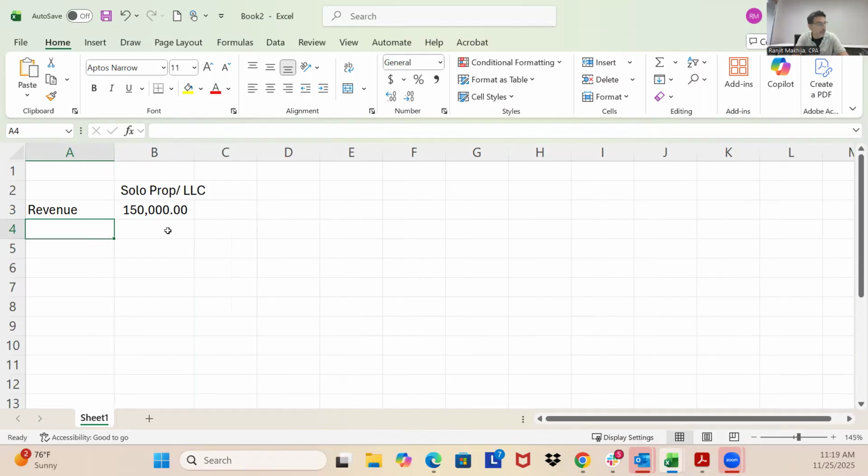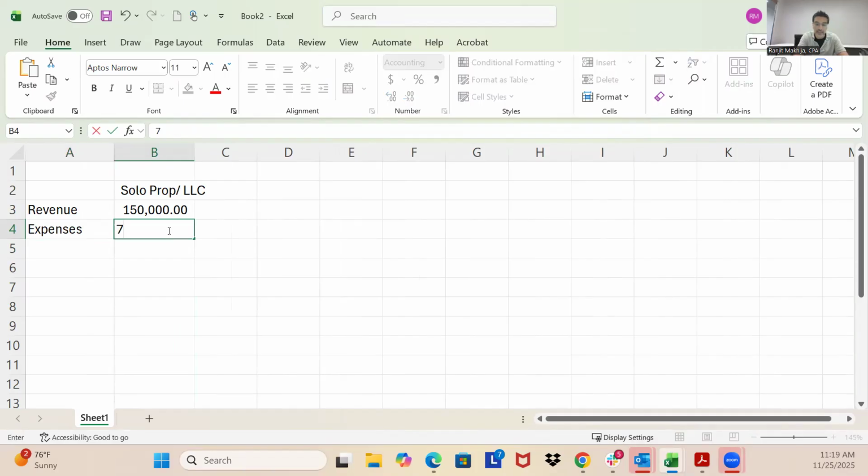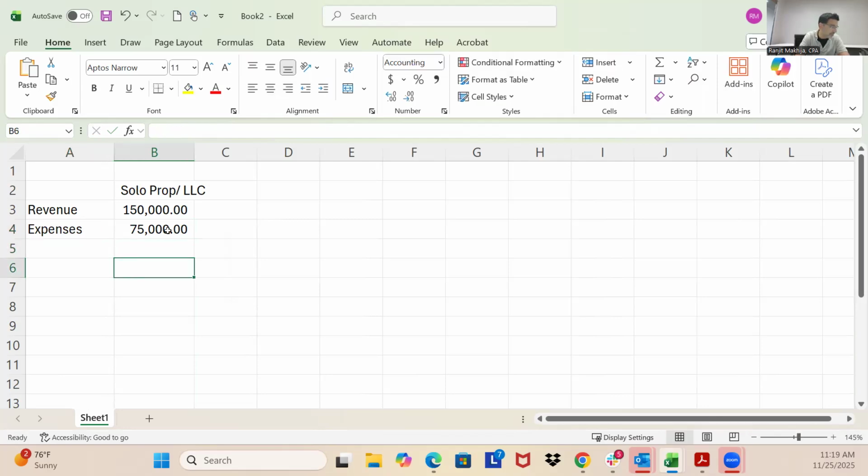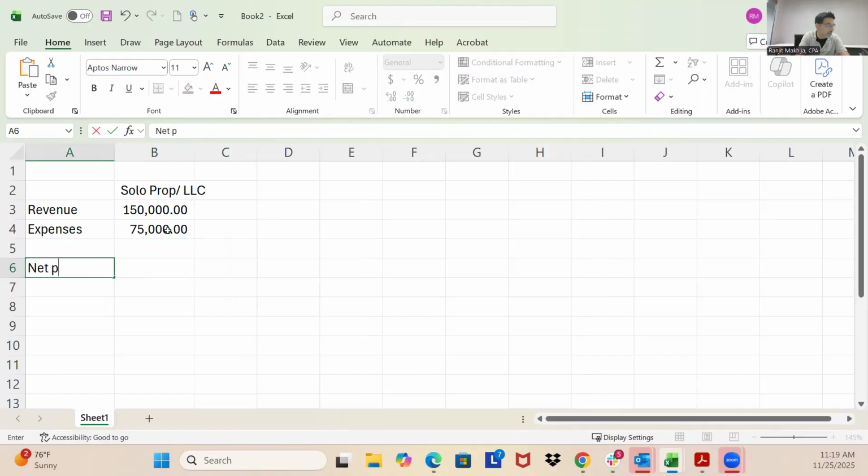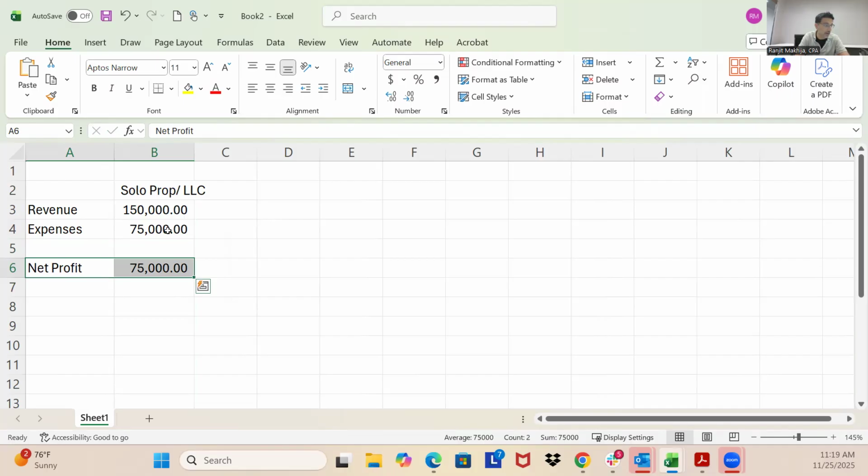Then you have revenue, and then you have expenses. Let's make it $75,000. Now your net profit is $75,000, right? So this is your net profit. This is how much money you made.